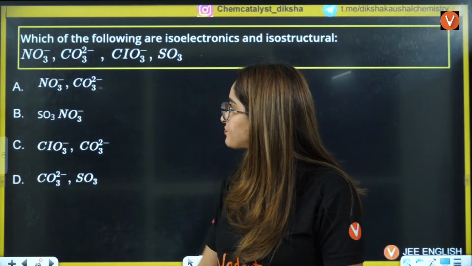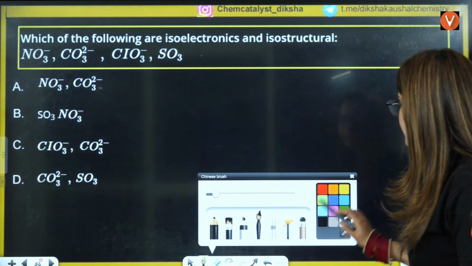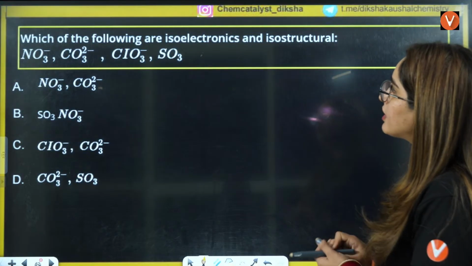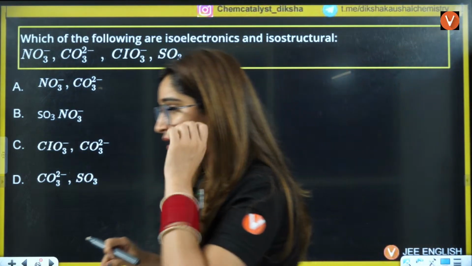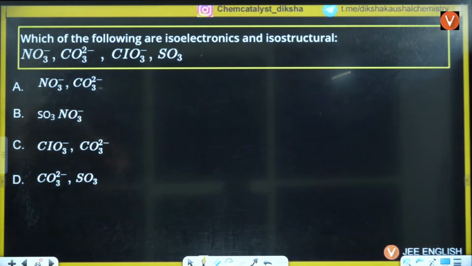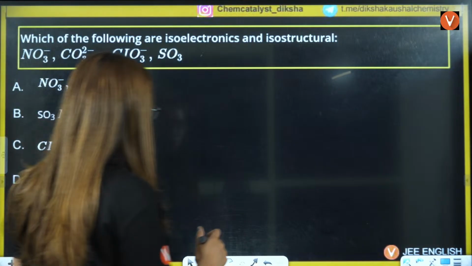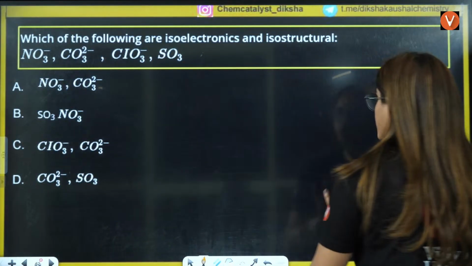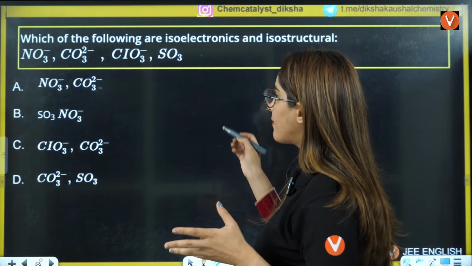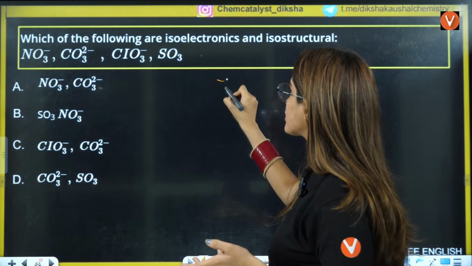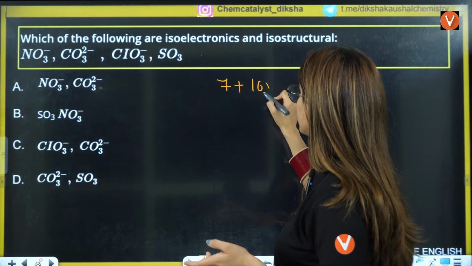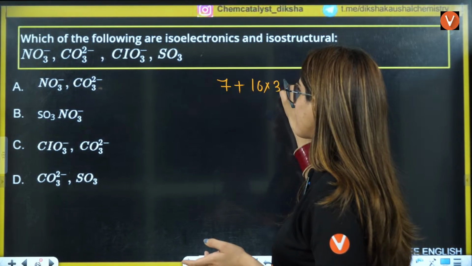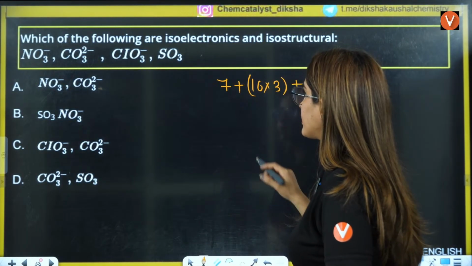Right? Okay. Next: which of the following are isoelectronic and isostructural? Isoelectronic means the number of electrons should be the same. Nitrogen has 7 electrons, so 16 into 3, plus 1, right?